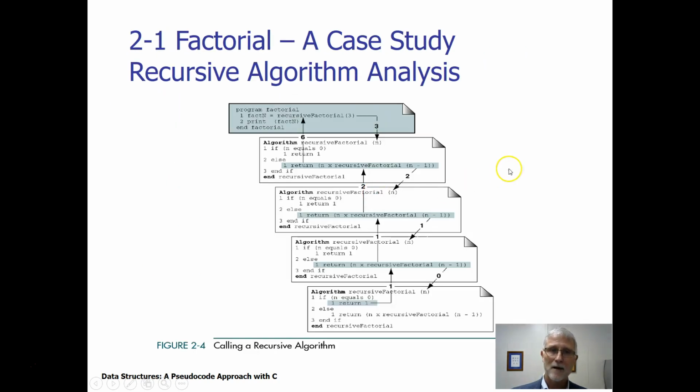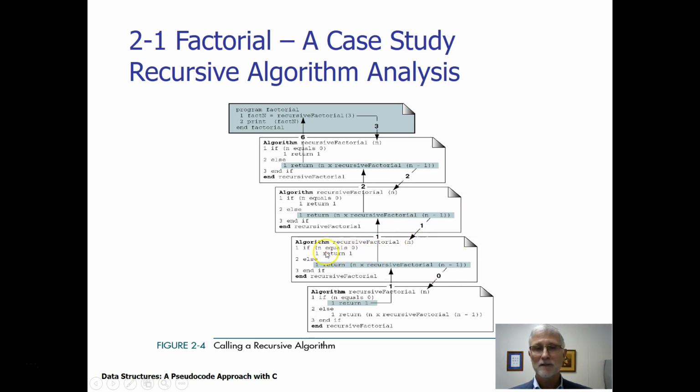Now, this is kind of the pictorial of how that diagram is called in case we start out with factorial recursive 3. So what am I going to do? My first step is I'm going to call it with n minus 1, call it with a 2. It's not equal to 0, so I've got to call it with n minus 1 as a 1.